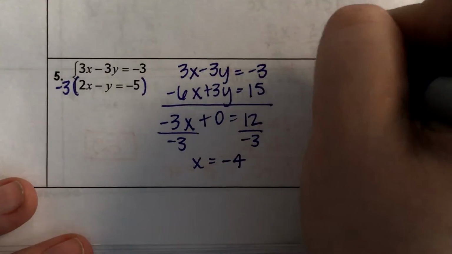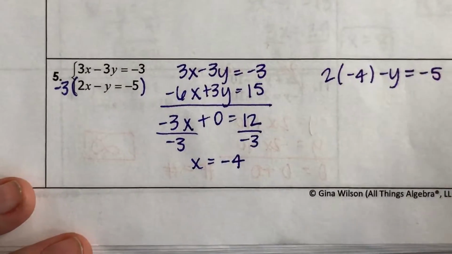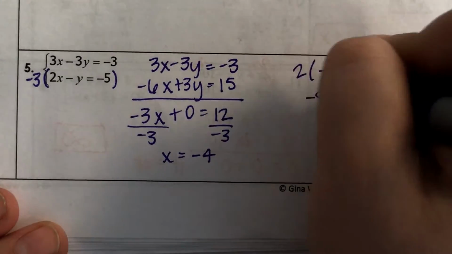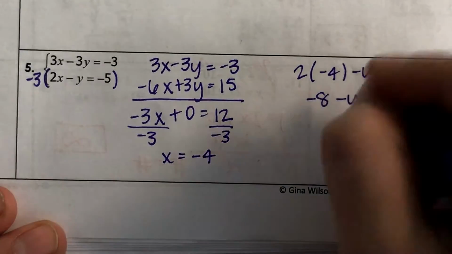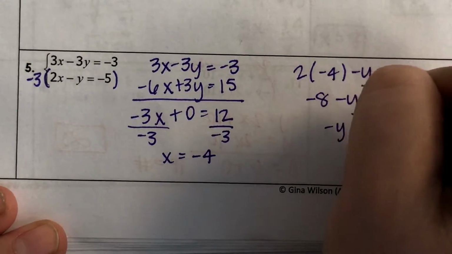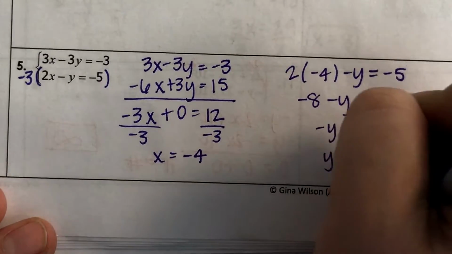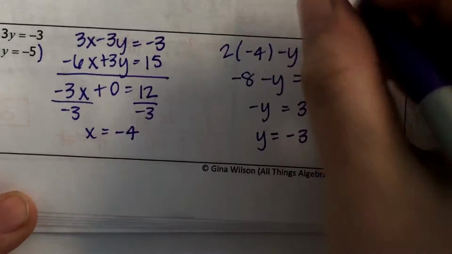So 2 times negative 4 minus y equals negative 5. Okay. 2 times negative 4 is negative 8. If I add 8 over, I get negative y equals 3. If I divide by negative 1, I get y equals negative 3. So our solution is (-4, -3).